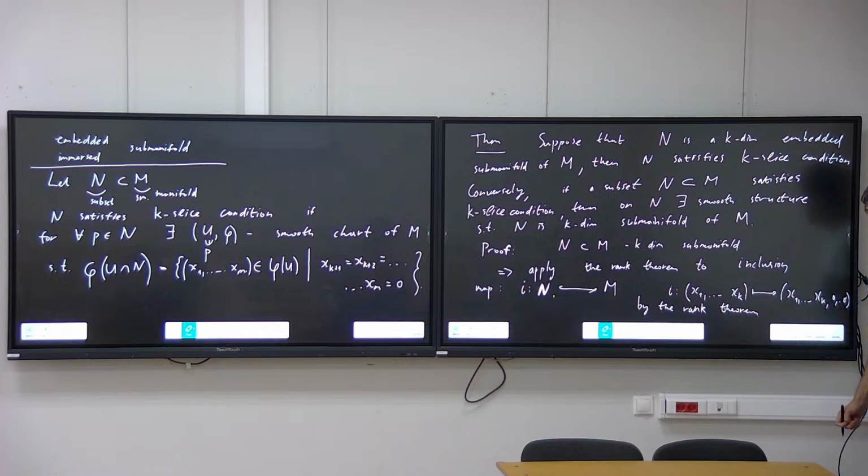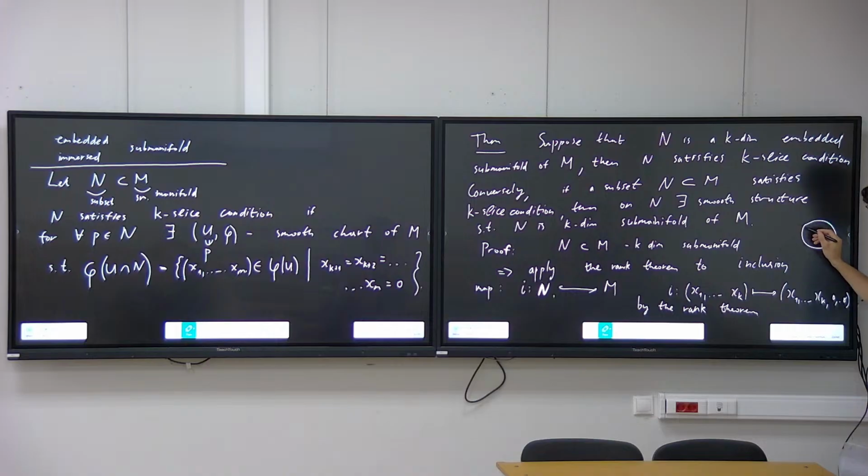Okay, but there are some technicalities: you want to take your charts small enough. That's where you use that the topology is the subset topology. The chart here could be something like that.